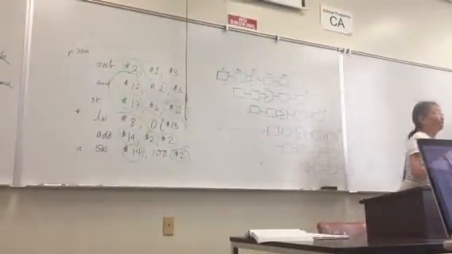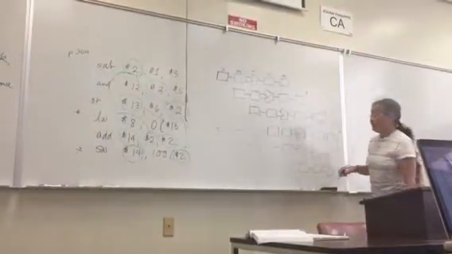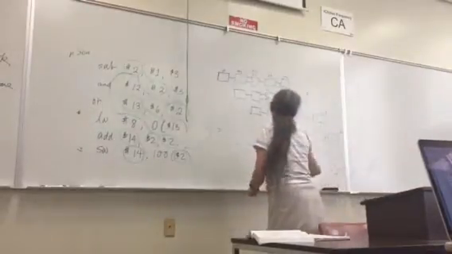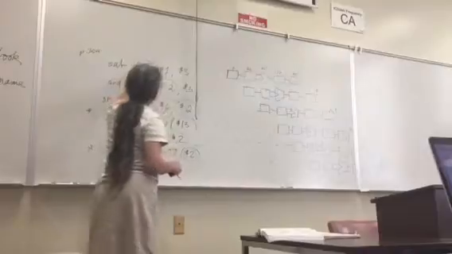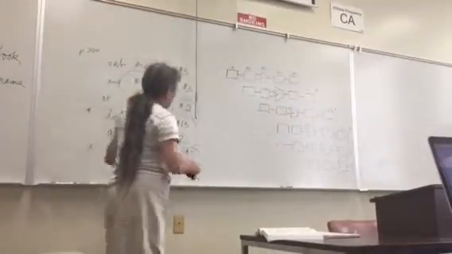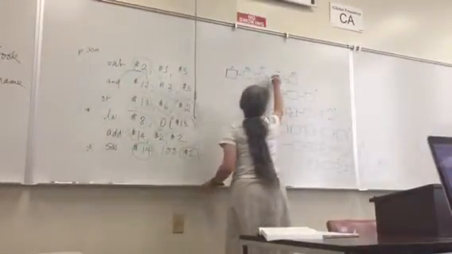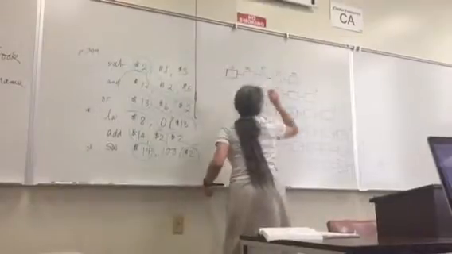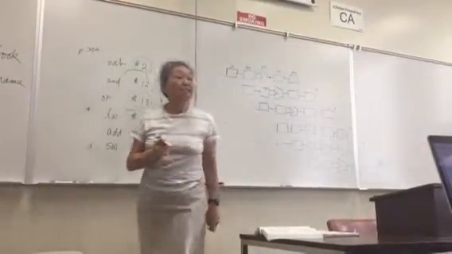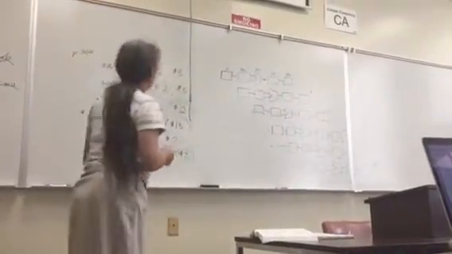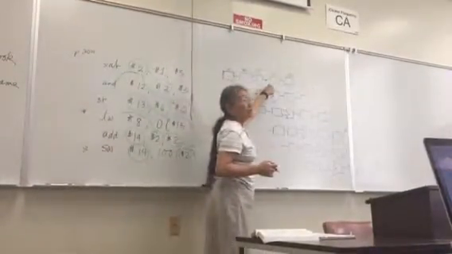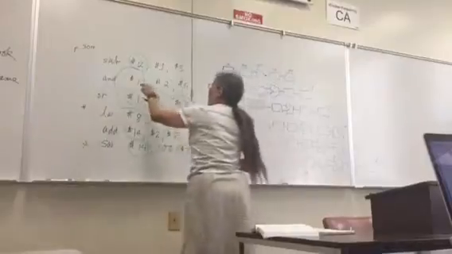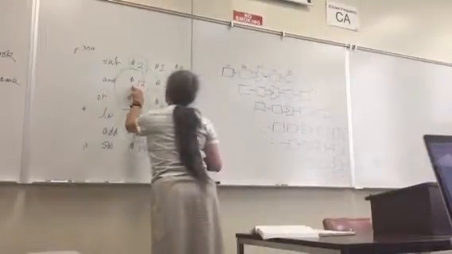Okay. Now, suppose I did have forwarding. Then you say, when is the first time this got computed? And it is here. That's when I got it. Now, when does this need it?